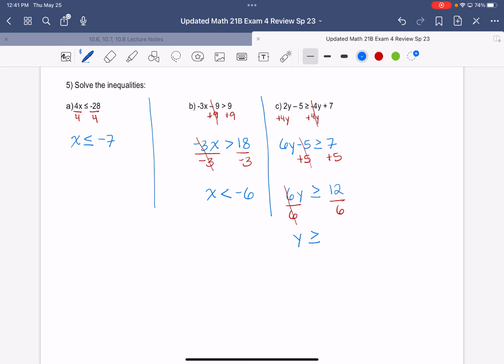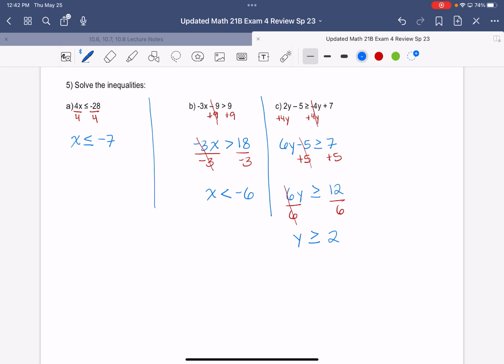You only flip it if it's by a negative. 12 divided by 6 is 2. Any questions? No questions?